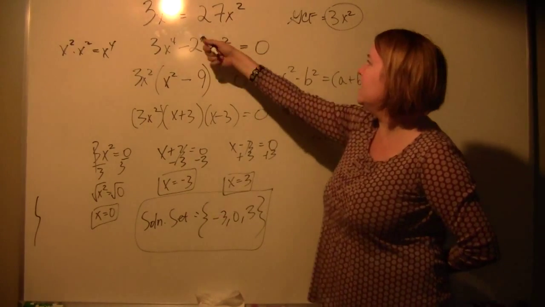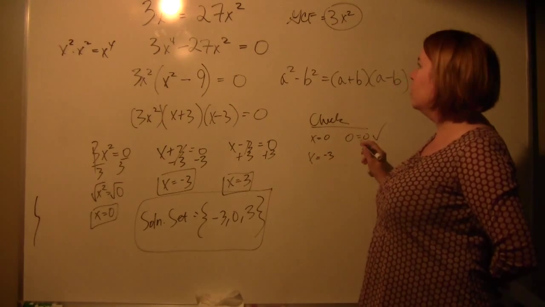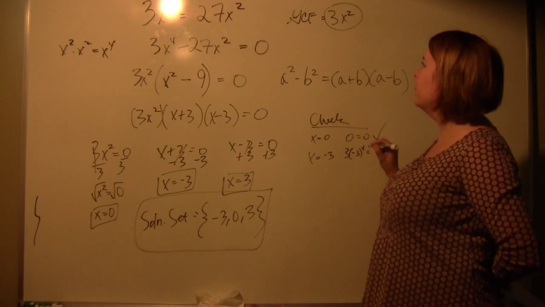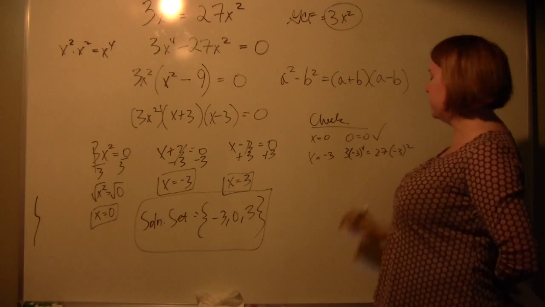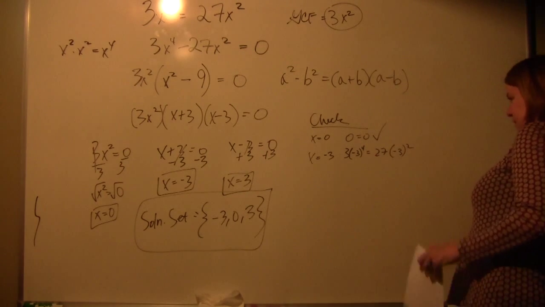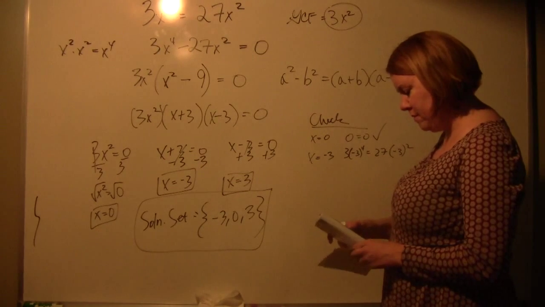And then x equals negative 3. You're going to get 3 times negative 3 to the 4th, which equals 27 times negative 3 squared. Okay, so that's going to be 9 times 27.